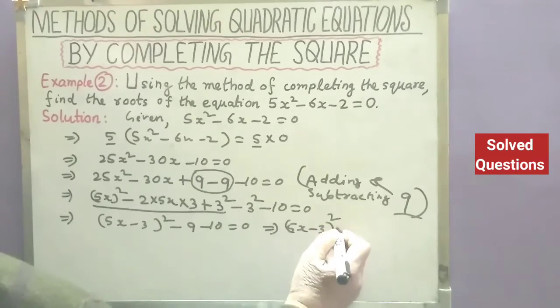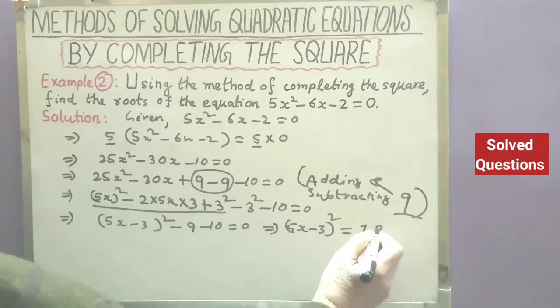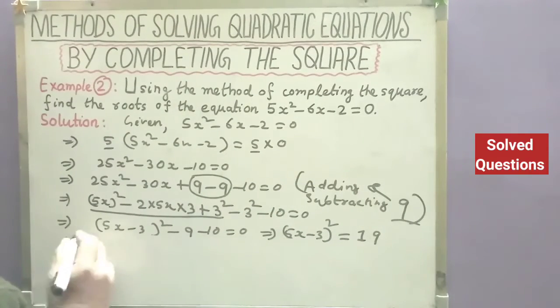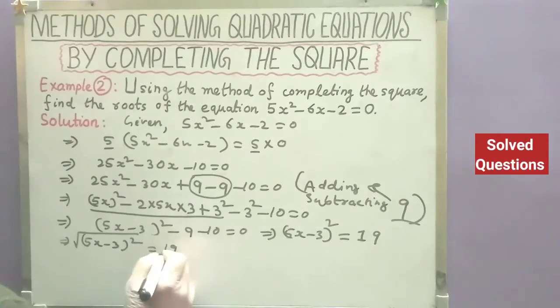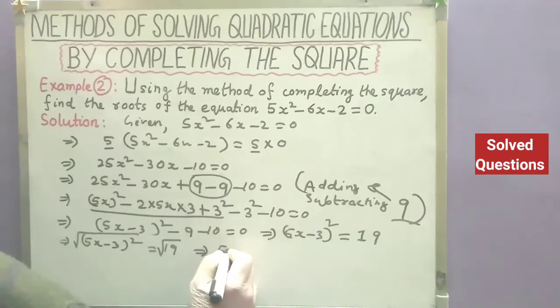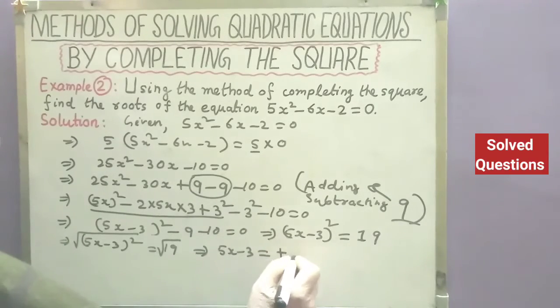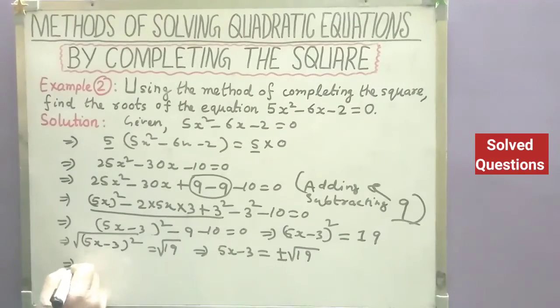That implies that (5x − 3)² = 19. Now taking the square root of both sides, we get the square root of (5x − 3)² equal to the square root of 19. That implies that 5x − 3 = ±√19.